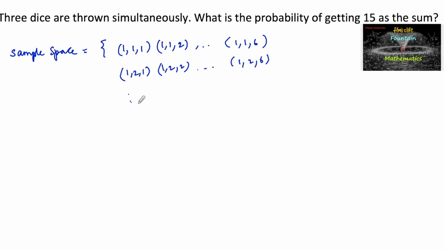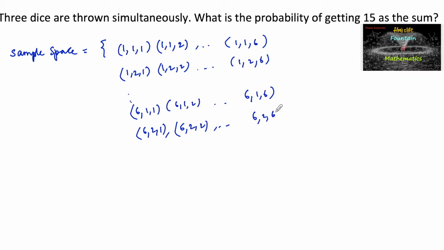Similarly, and so on, 6 comma 1 comma 1, 6 comma 1 comma 2 and so on, 6 comma 1 comma 6, 6 comma 2 comma 1, 6 comma 2 comma 2 and so on, 6 comma 2 comma 6 and so on. We can write 6 comma 6 comma 1, 6 comma 6 comma 2 and so on, 6 comma 6 comma 6. So totally we can consider that.